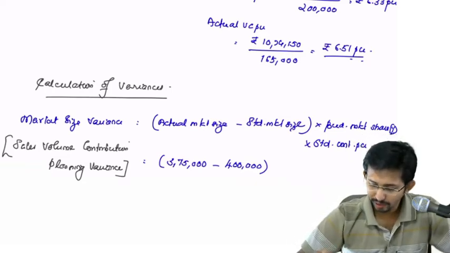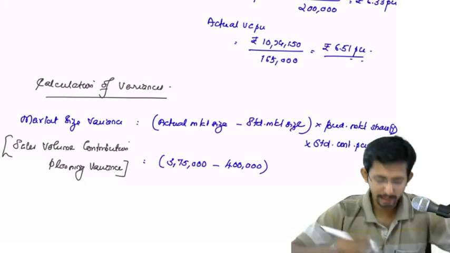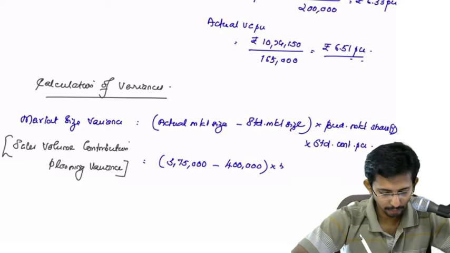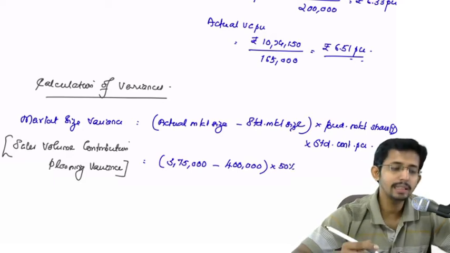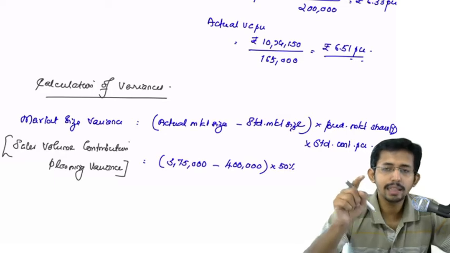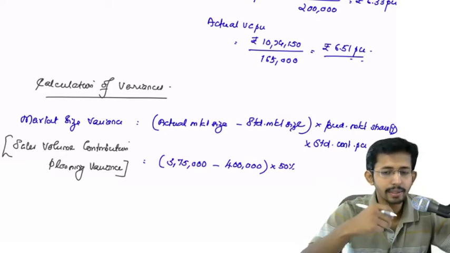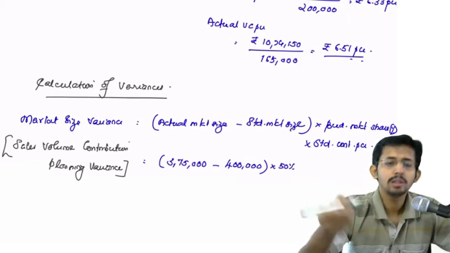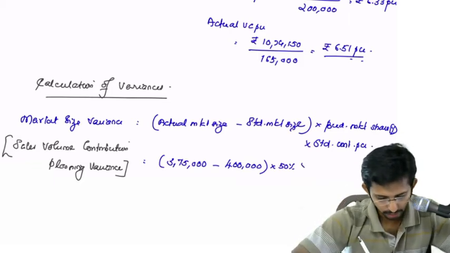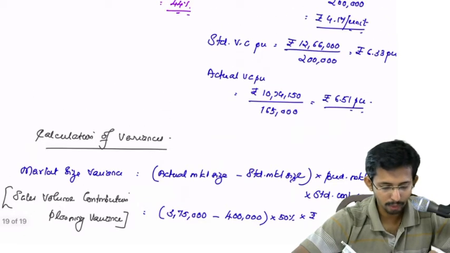So 25,000 into 50%, because that is your budgeted market share. And what is the contribution loss you will incur when there is a fall in your volume by these 12,500 units? Into the standard contribution, which is 4.17.